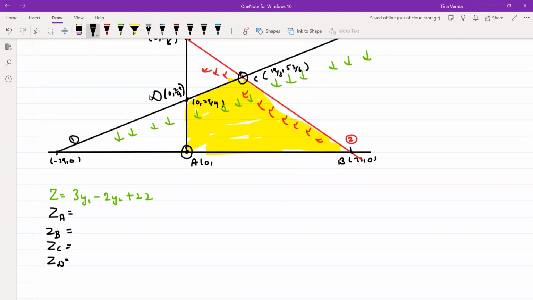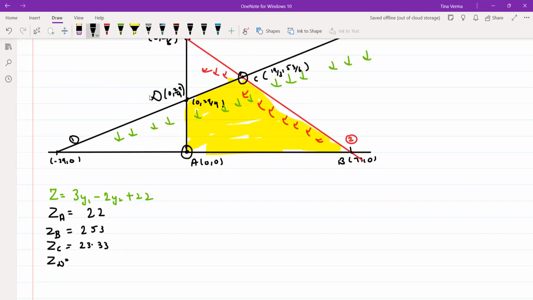So point A is my 0, 0, that is the origin. If you substitute y1 as 0, y2 as 0, you will get value 22. And ZB, you have 77,0, so 3 into 77 minus 2 into 0, that will give you the maximum value, that is 253. Right? And ZC is giving you value 23.33.